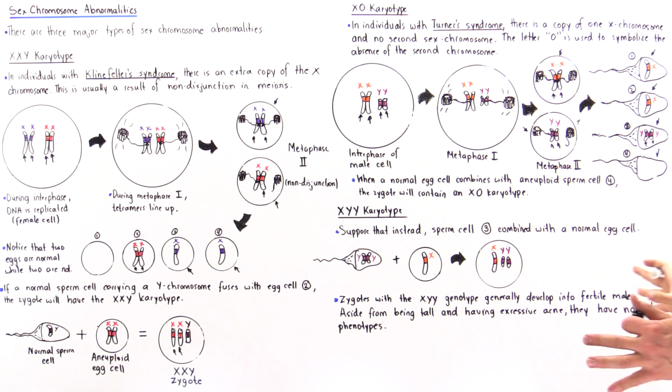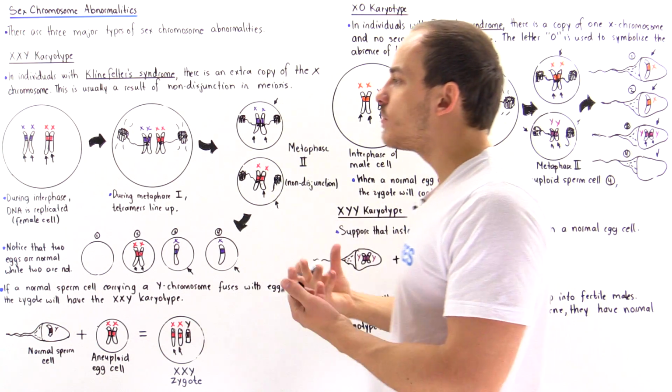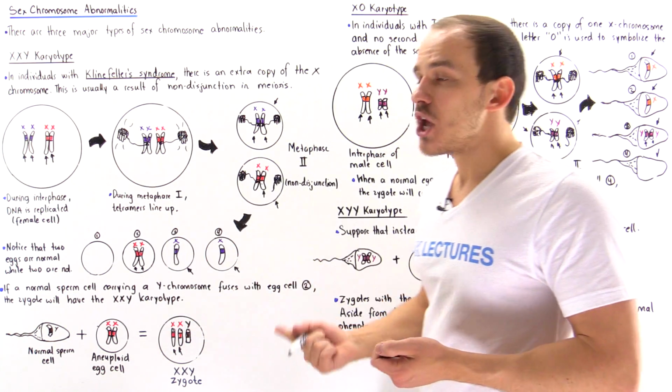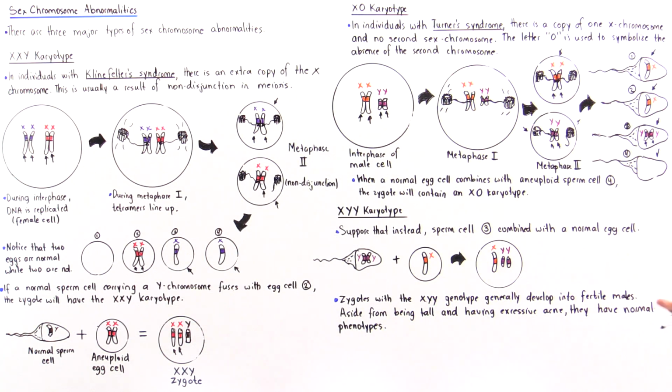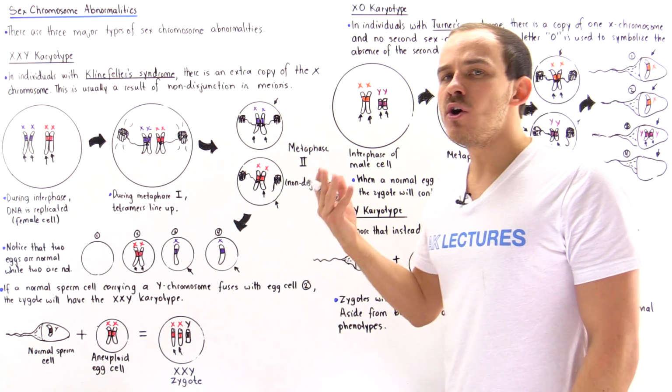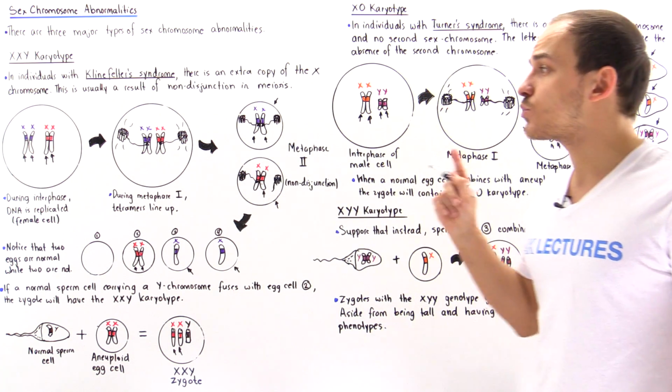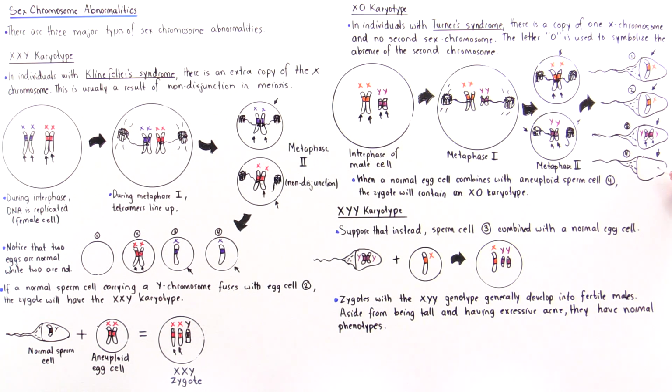Now, if we take a normal X cell that contains a single X chromosome, and that normal X cell combines with this abnormal sperm cell number 4, then the zygote that is formed will only have a single sex chromosome, the X chromosome, because there is no Y chromosome within this particular sperm cell.